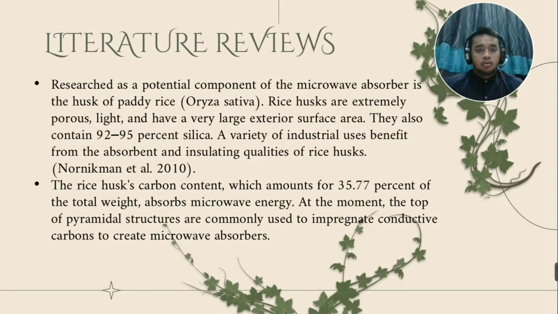The rice husk has a carbon content amounting to 35.77% of the total weight, which absorbs microwave energy. At the moment, the tops of pyramidal structures are commonly used to reduce carbon to create a microwave absorber, which is this rice husk used as a microwave absorber.